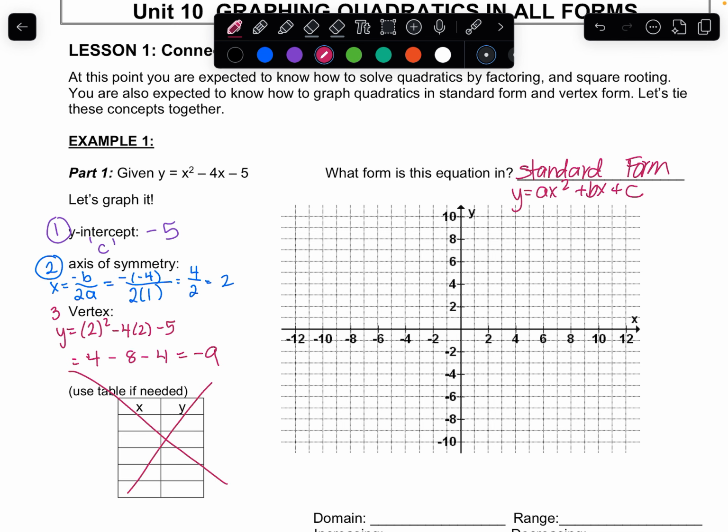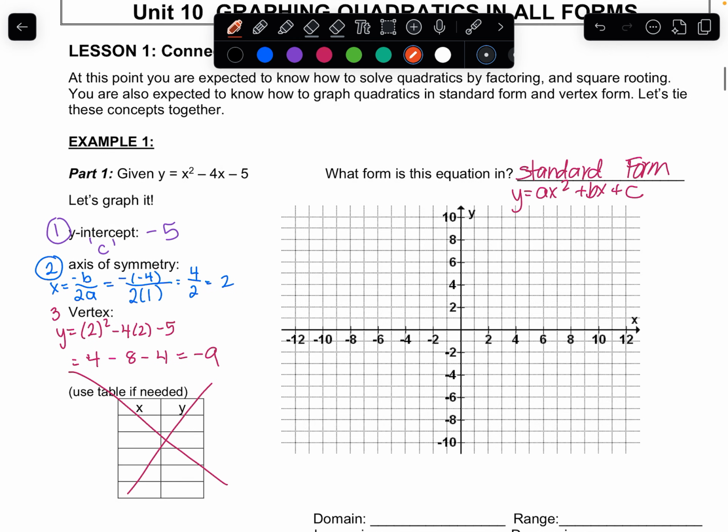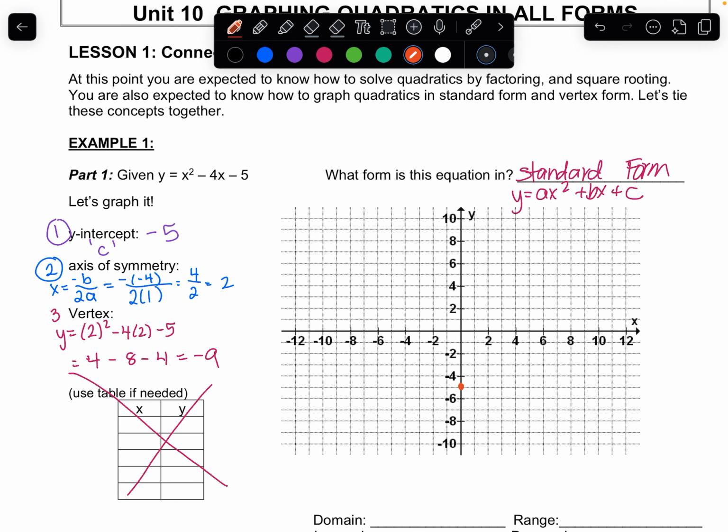We're not going to use the table. We can do this by hand. And so let's graph our y-intercept, which is at -5. Our axis of symmetry, which is at x equals 2. And our vertex, which is at -9. So our vertex is actually 2, -9. That's really what our vertex is.